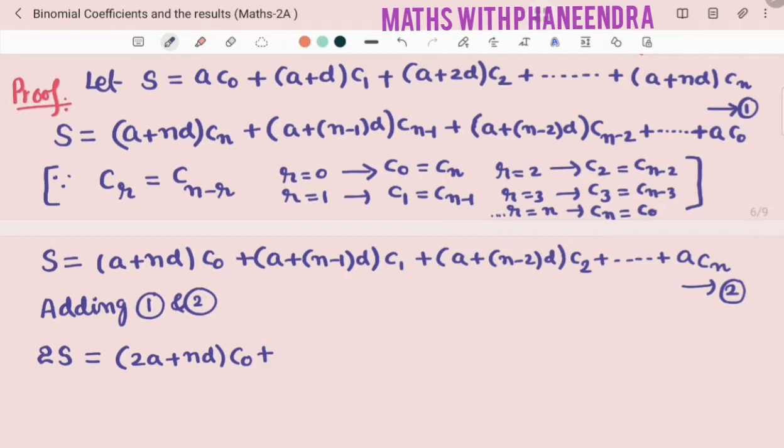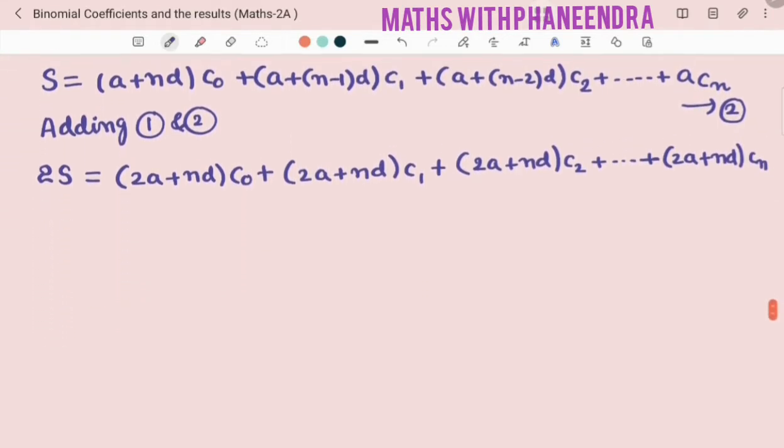If you add these two, a plus a is 2a, after that d minus d get cancelled, nd will be there. So (2a plus nd) into C1. If you add the third term, (a plus 2d) plus (a plus (n minus 2) into d), C2 common. So ultimately (2a plus nd) here C2 plus and so on, (a plus nd) plus a, so (2a plus nd) into Cn.